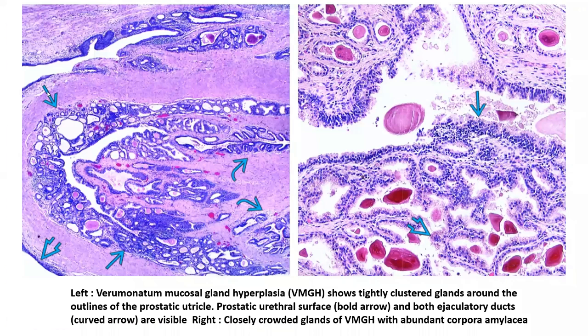Now, again, this is the verumontanum in detail. You have the utricle, which is lined by the prostatic urethral lining. You have this condensation of the verumontanal mucosal glands, and on both sides of the verumontanal mucosal glands, you have the opening of the ejaculatory duct. And you see these verumontanal mucosal glands are condensed in the second picture, but you see the corpora amylacea within them, which is always a sign of benignancy.